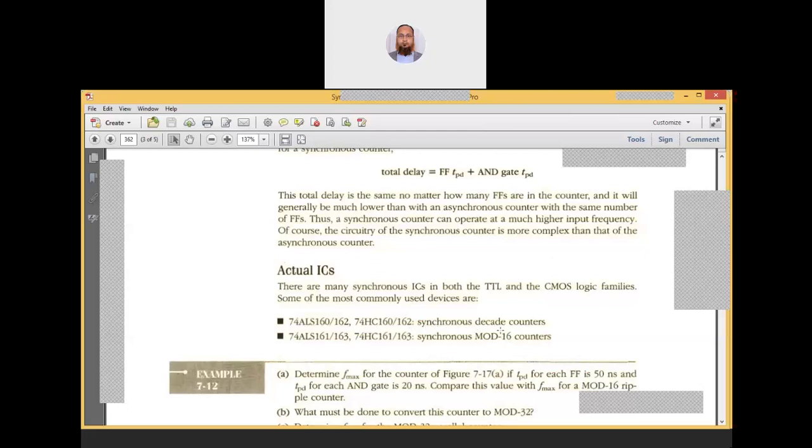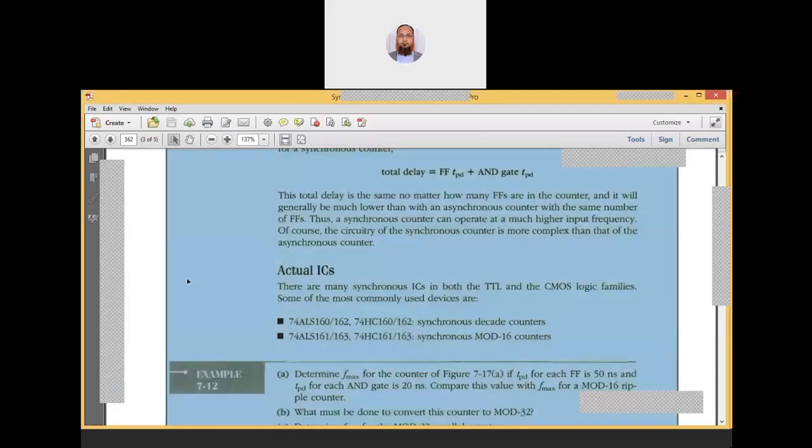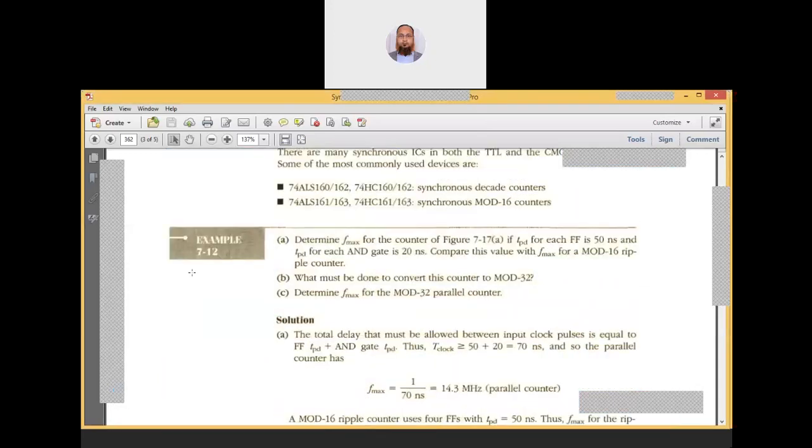These are some examples of ICs that are directly available. If we want to use them for our practical purposes or any operation, these are the ICs that we can directly use as a counter.